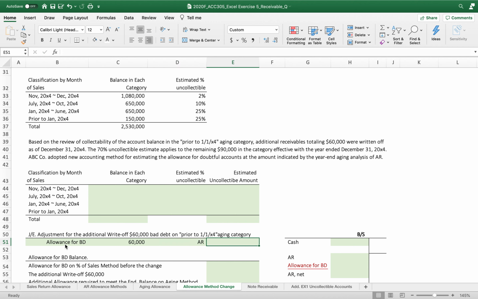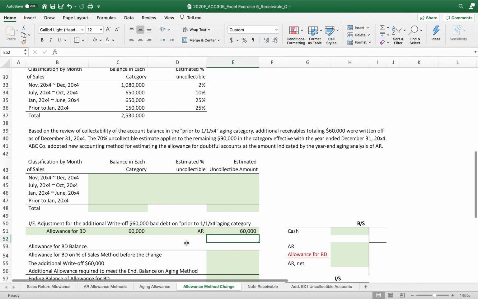We assume that we haven't had the provisions already. So out of this provision, we determined that $60,000 is never going to be collected. So we can touch this AR directly.